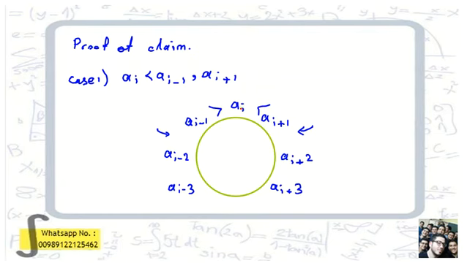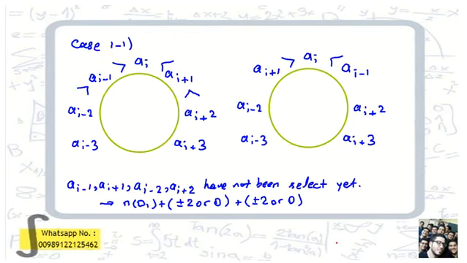So we want to prove the claim. Case 1. We said that if we choose elements like this, here we want to choose an element that is not a desired element. We want to say the n of d1 is again odd. So case 1, ai is less than this, less than this. Now we switch ai minus 1 and ai plus 1.